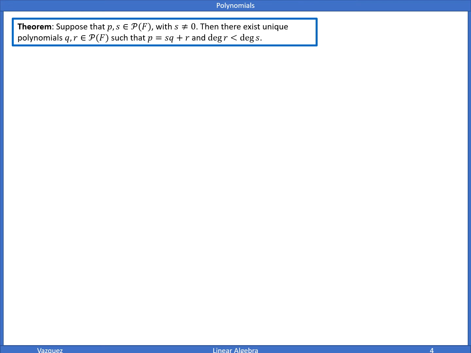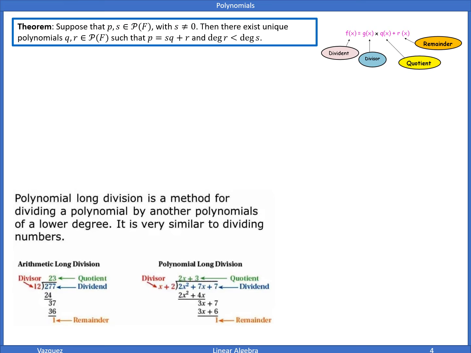I've included some pictures, let me bring them up. Those are all polynomials. Or this is another way of looking at it. If you remember long division, here in this case, P would be the blue one.